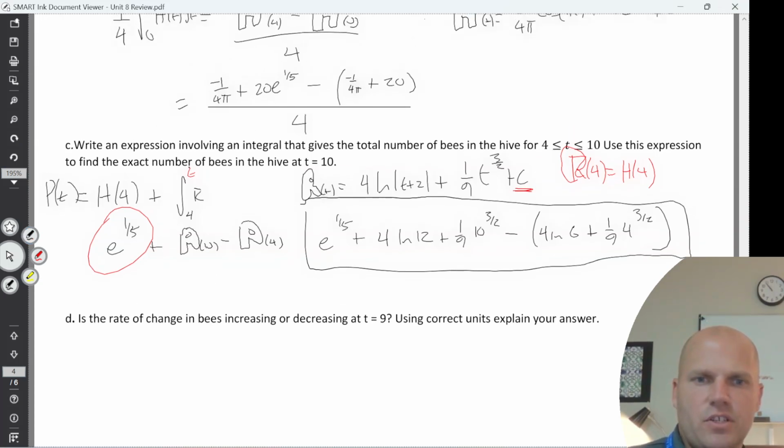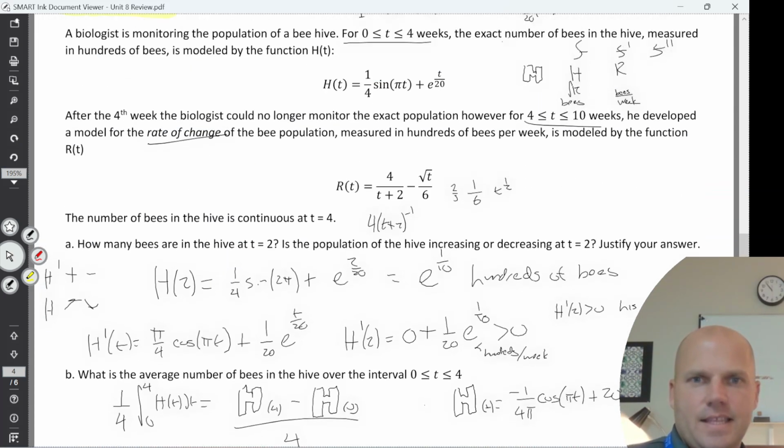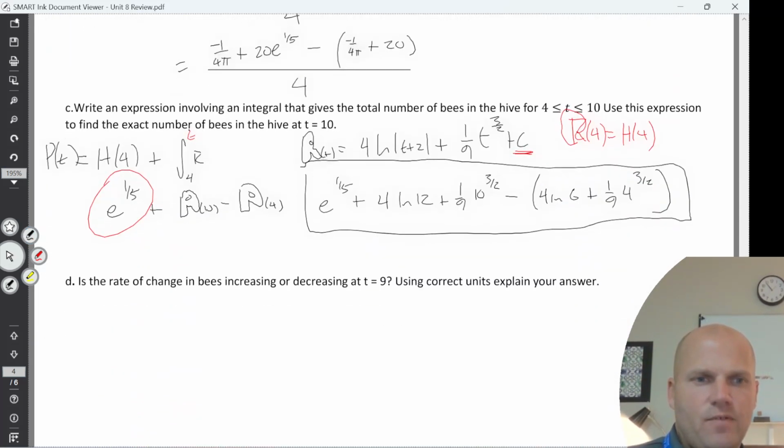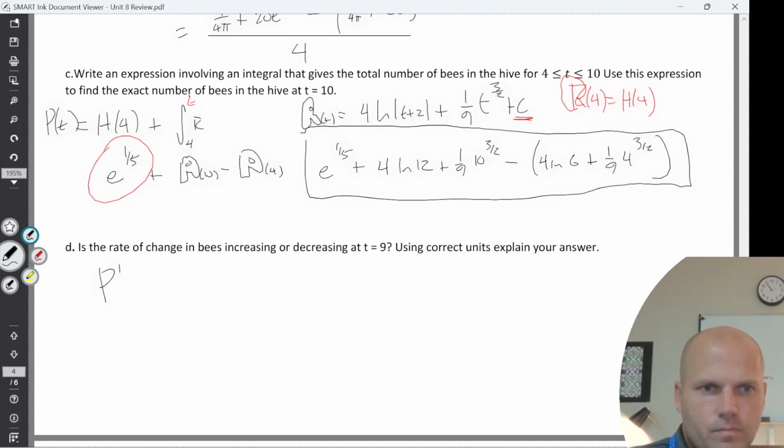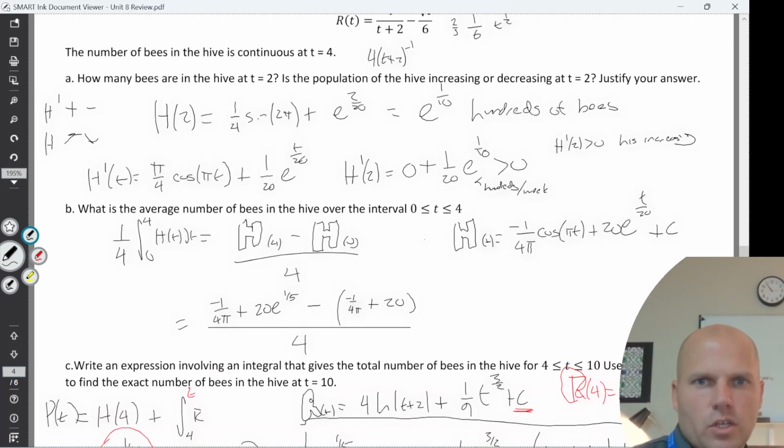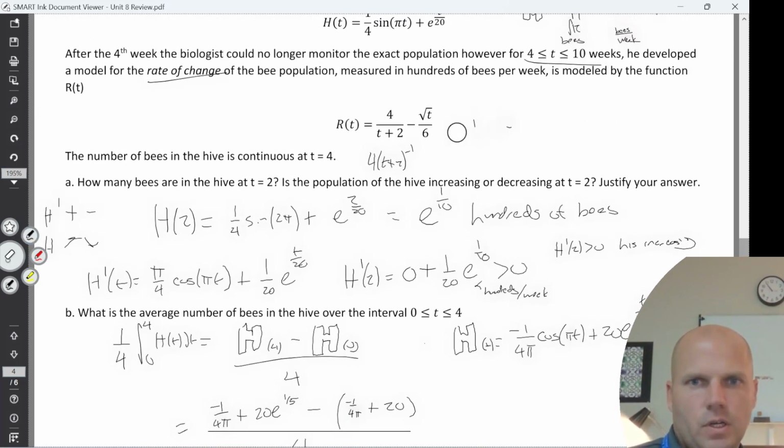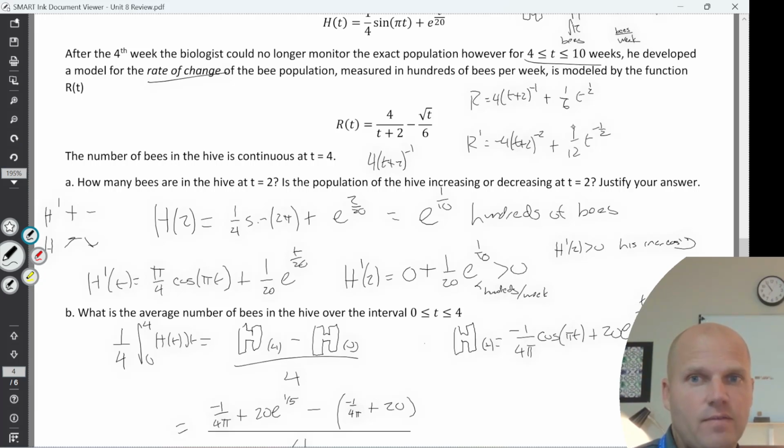Is the rate of change in bees increasing or decreasing at t equals 9? Is this increasing or decreasing? I'm going to look at R prime to figure out if R is increasing or decreasing. So we've got to find R prime, the derivative of R. All right, let's find R prime: negative 4 over t plus 2 squared plus 1/12 t to the negative 1/2.